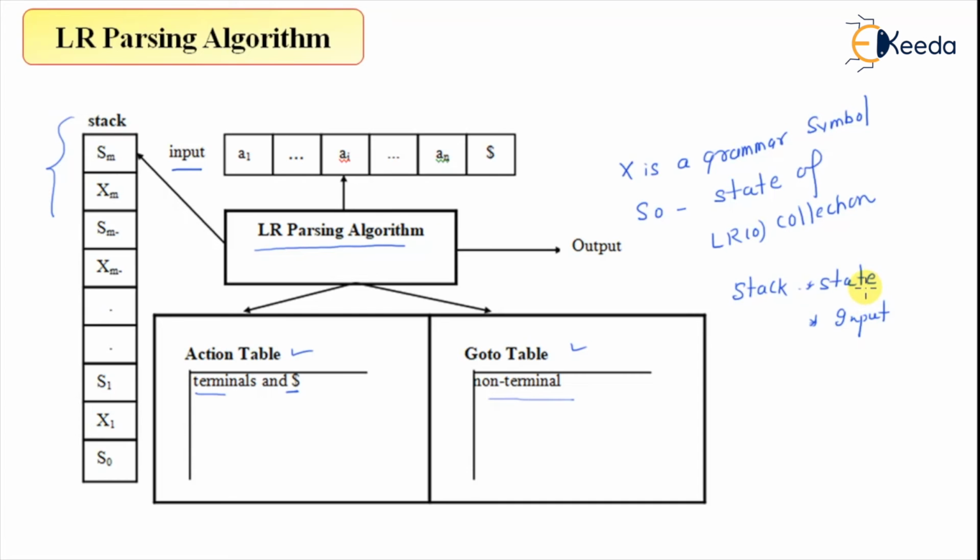Then what is the action here? There are two typical actions here. One of the actions is shift, and the meaning of shift is pushing the symbol, whatever it will be, on the stack and going to the new state.